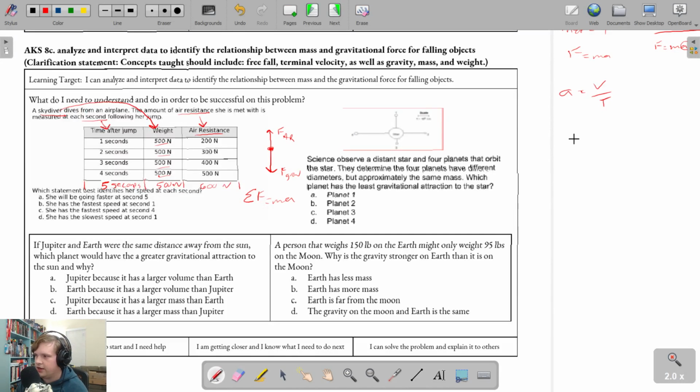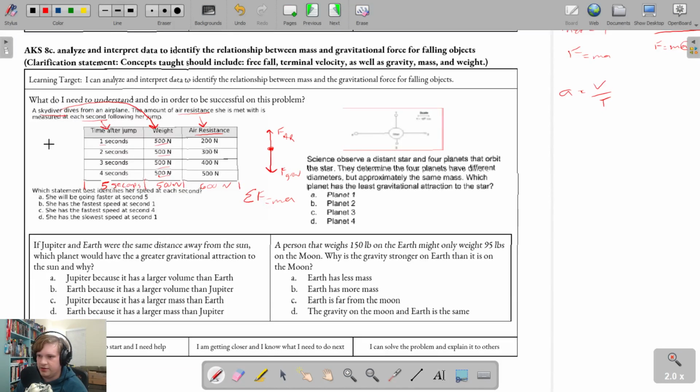Her net force gets smaller and smaller, and so her acceleration will get smaller and smaller. So, based on that knowledge, she has the slowest speed at second 1. That is when she just started out.